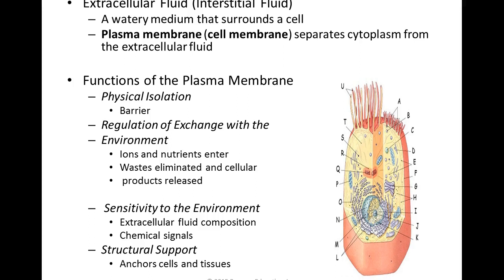It may need to dump out its CO2. That's going to be what's dumped outside. It may want to dump out ions that it's exchanging, say sodium for potassium or potassium for sodium.